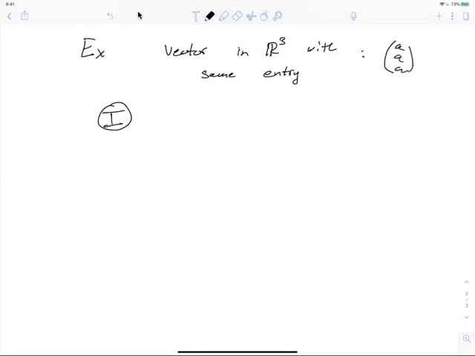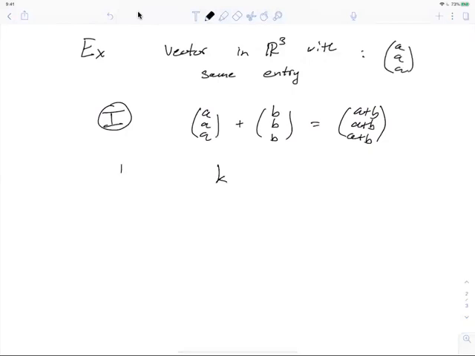If I take a generic form of the vector and add it to another one, then you get something of the same type. And if I take k, some arbitrary real number, and multiply it by our generic form, you still get something that fits our form. You have something that's all the same. So this checks out, and this is also an example of a vector space.